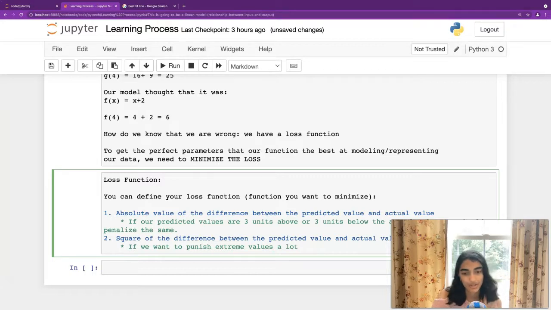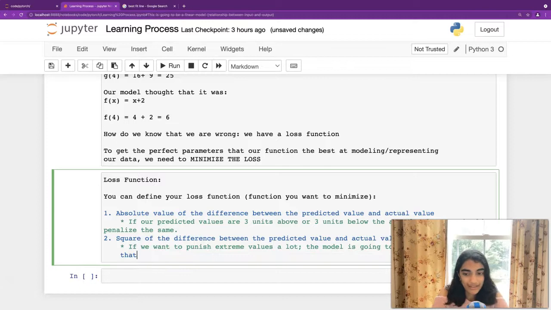If it's too much, then we can go the other way. But we want to punish the values a lot, and the model is going to get that message that I'm completely wrong. The model is going to get the message that it was very wrong.